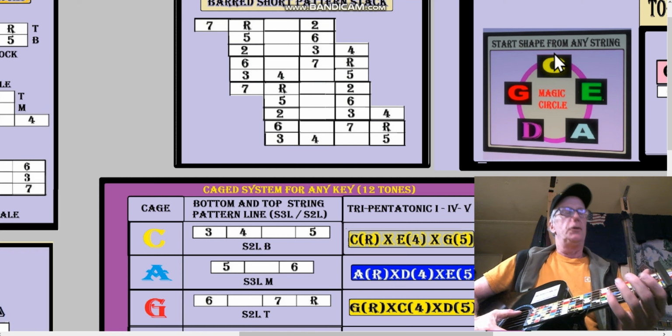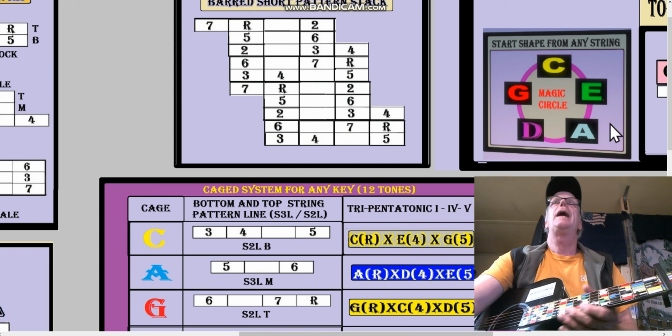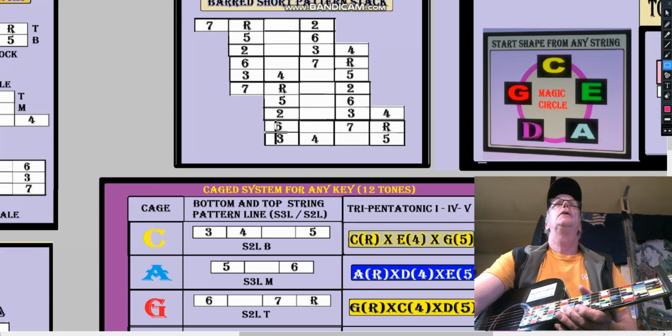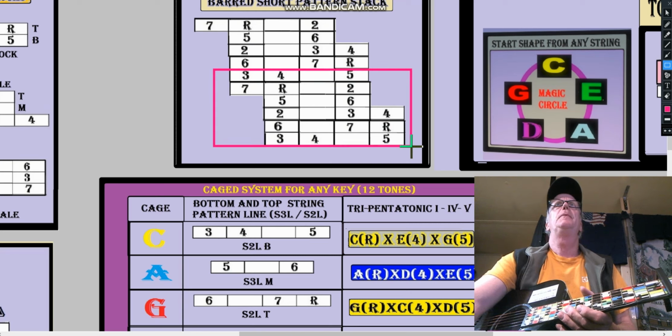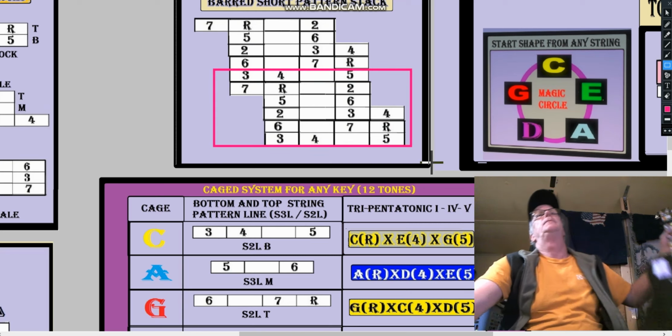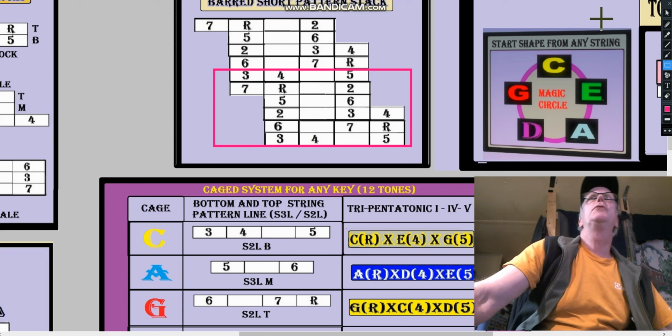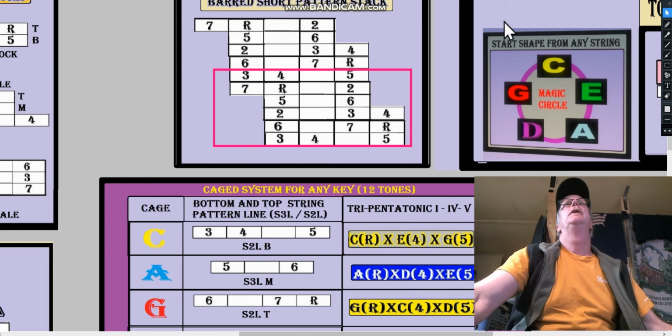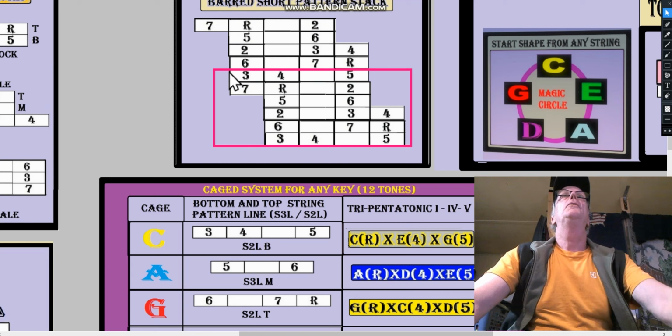Why? So if we're going to look at this, we're going to look at 1, 2, 3, 4, 5, 6 strings here. Now notice the 3 is on the top and the 3 is on the bottom, right? And what's really happening here is we're going to play it warped.